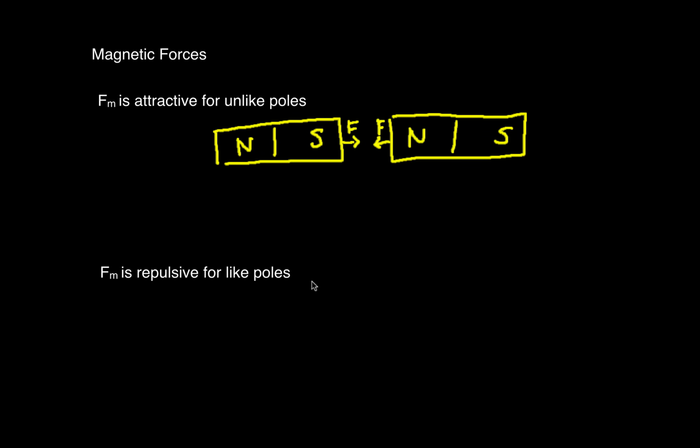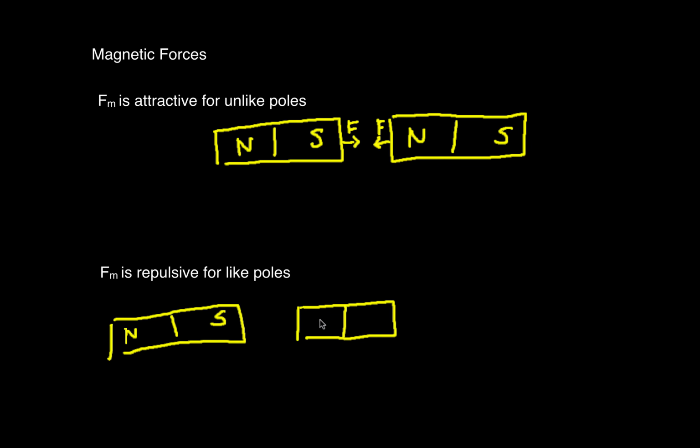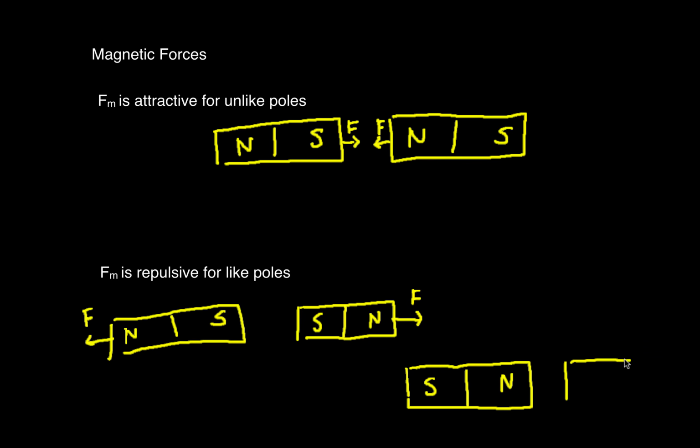Magnetic force is repulsive for like poles. So if you have a south pole and a south pole near each other, they will be repelled. And if you have a north and a north pole near each other, the force will try to push them apart.